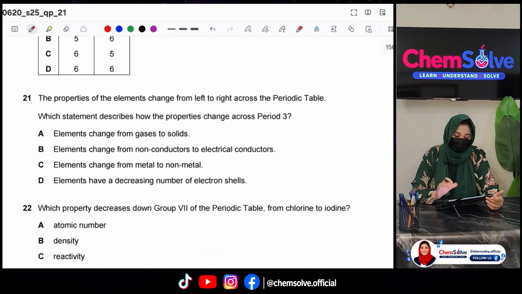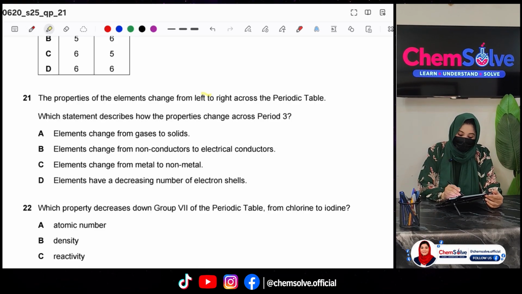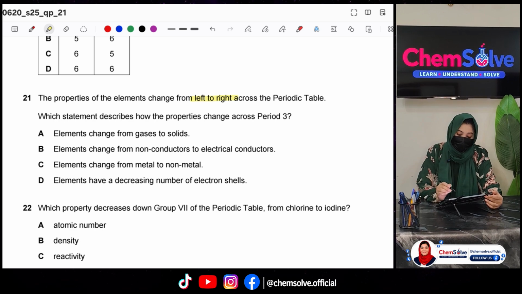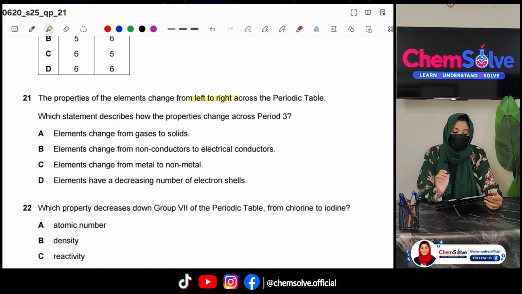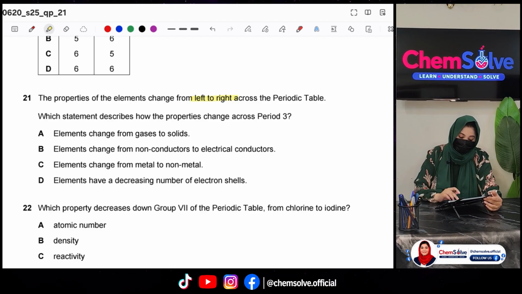Question number 21 says the properties of the element change from left to right across the periodic table. Which statement describes how the properties change across period 3? Now we have to move from left to right in the periodic table and see which property occurs in period 3. Elements change from gases to solid.